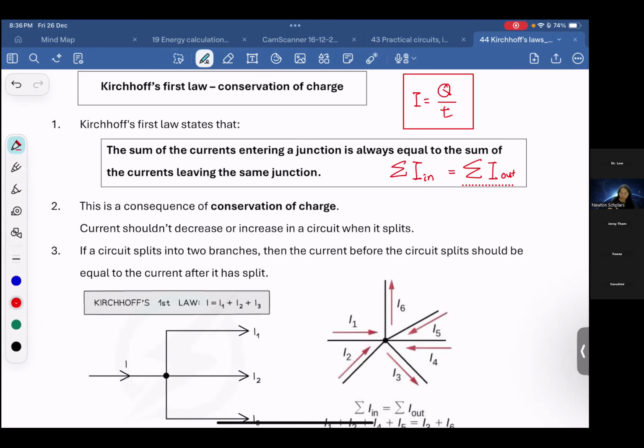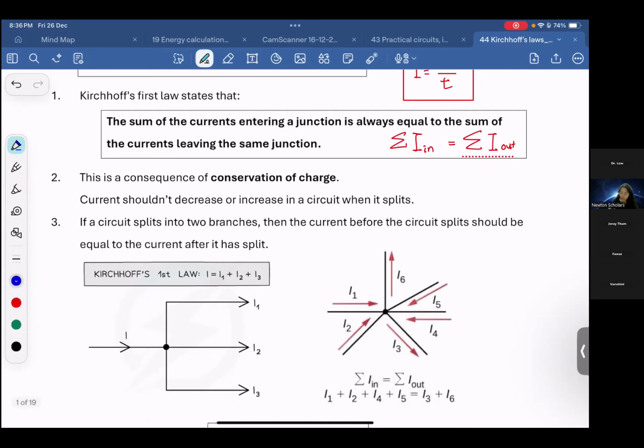When we learn about electricity in year 11, we are applying Kirchhoff's law. This is a consequence of conservation of charge. Okay, boys and girls, highlight this. First law is talking about conservation of charge.